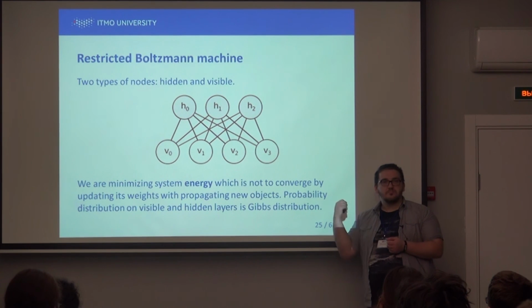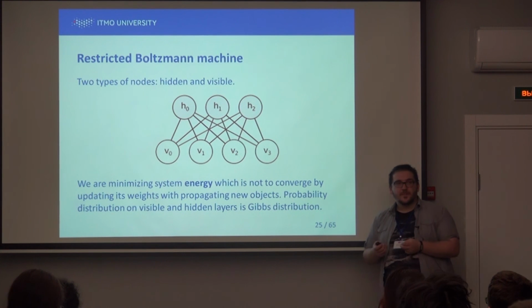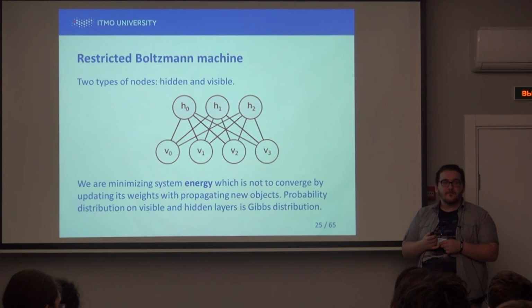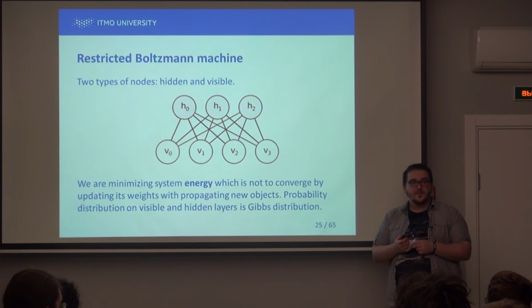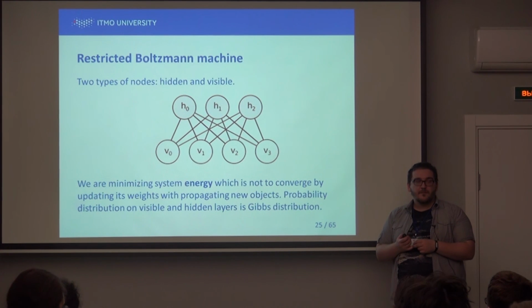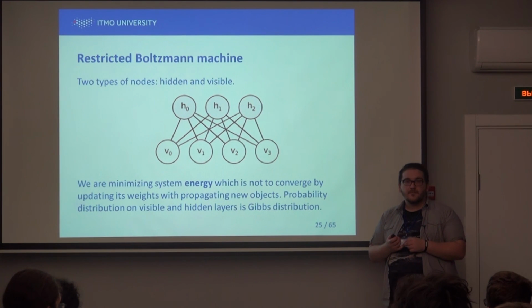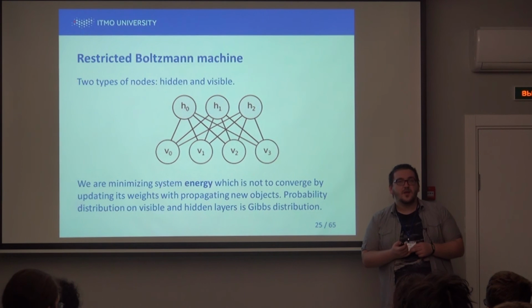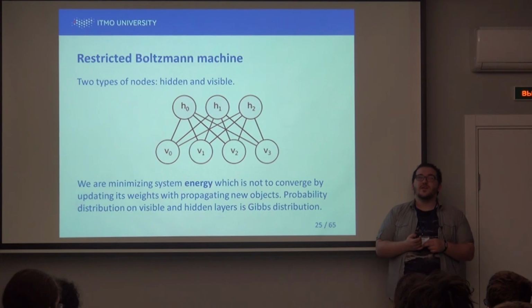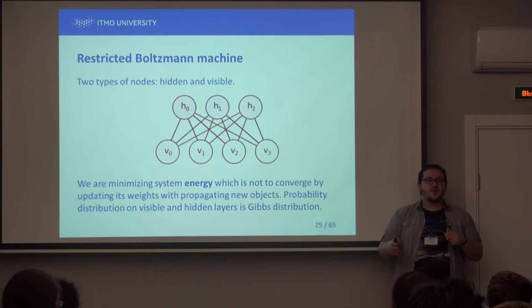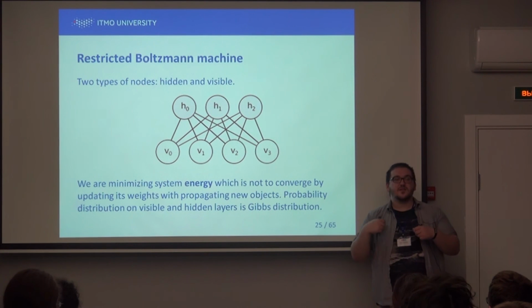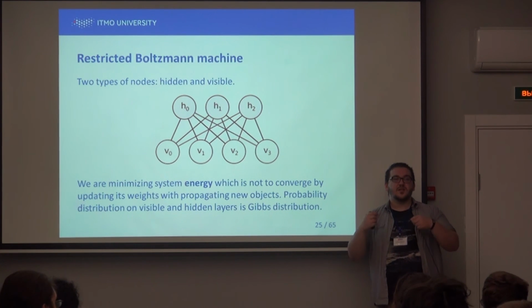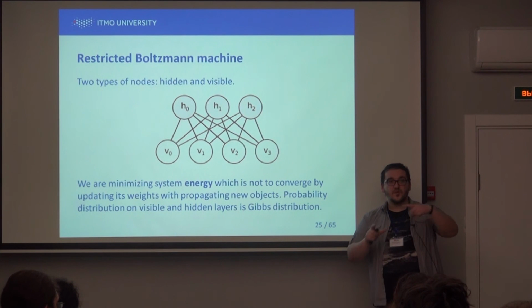So, was it clear? Maybe one more question. Yeah, please. Am I understanding correctly that we are just growing our network in the process of learning? No, we're not growing the network, we sequentially build new weights.